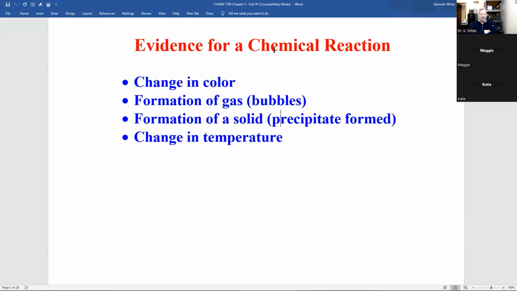And the last one, when there's a change in temperature, either it gets cold or it gets hot, there's been a chemical reaction. And if you ever have started a fire in your fireplace, you take wood, you light it on fire, and the wood is reacting with the oxygen in the air.